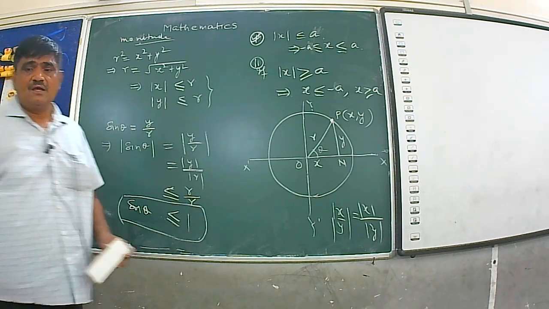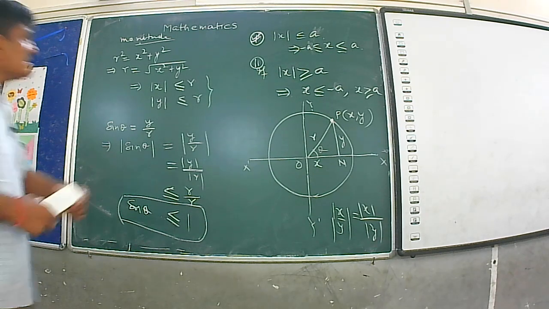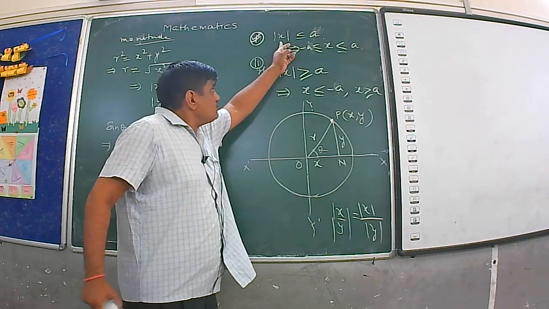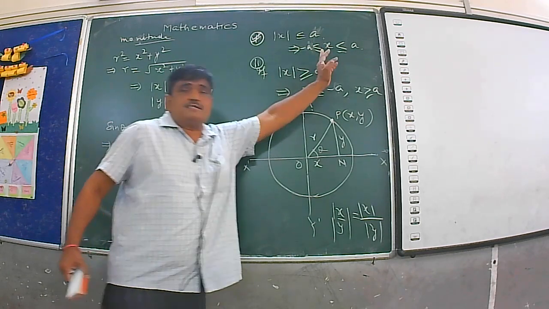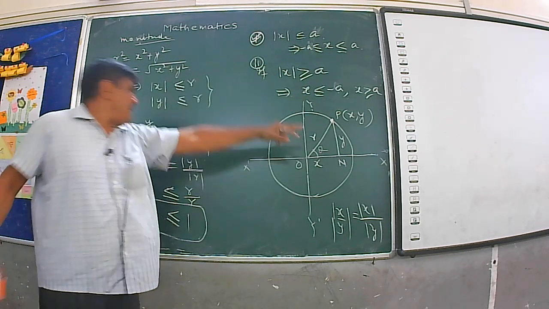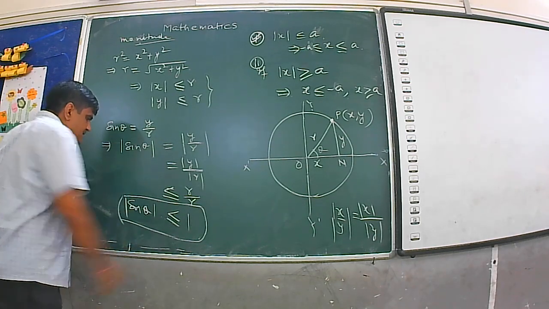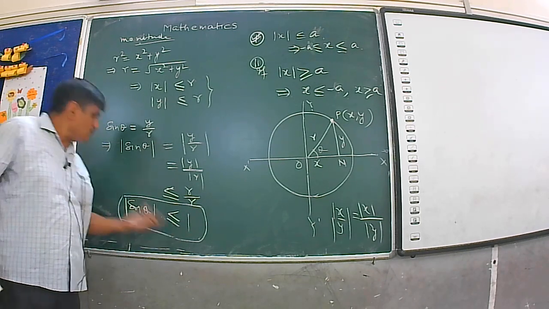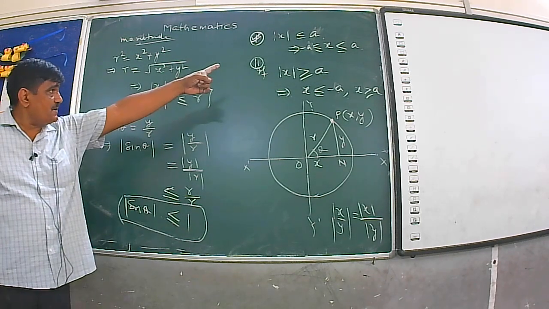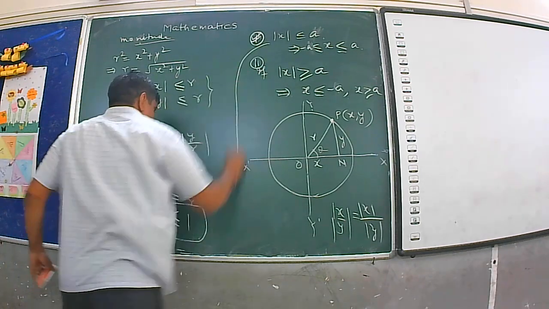Now, using the first condition, if magnitude of x is less than or equal to a, then x lies between minus a to a. Here magnitude of sin theta is less than or equal to 1. Therefore, sin theta lies between minus 1 to 1 from this condition.